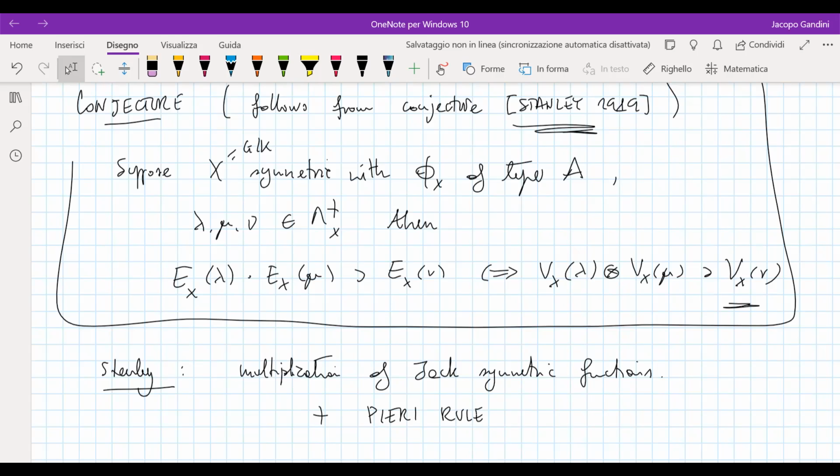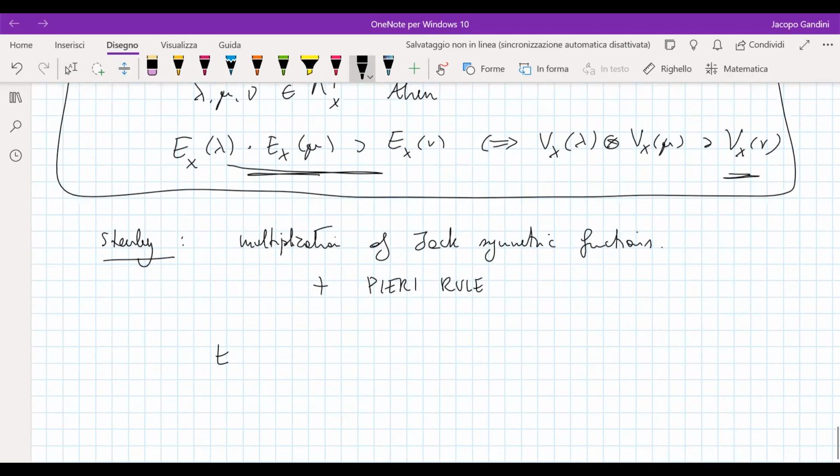We can encode this multiplication problem, this algebra structure, inside the spherical functions. The spherical functions are the K-invariant functions. Namely, in E x lambda we can take the K-invariant subspace, and this is one-dimensional by what I said before.